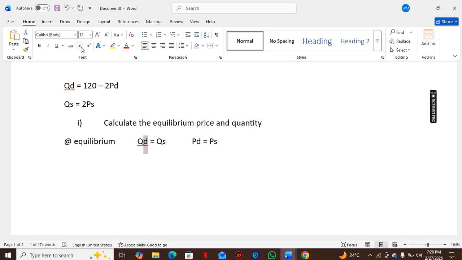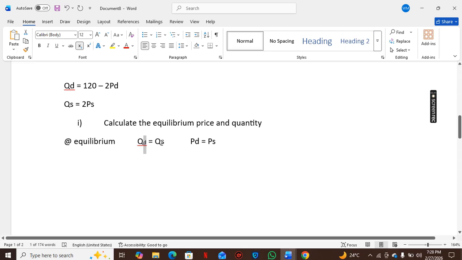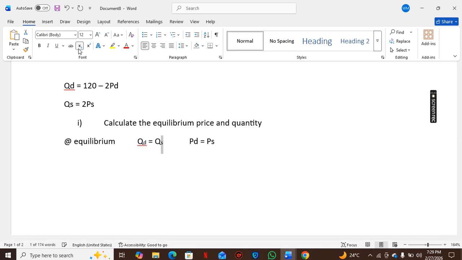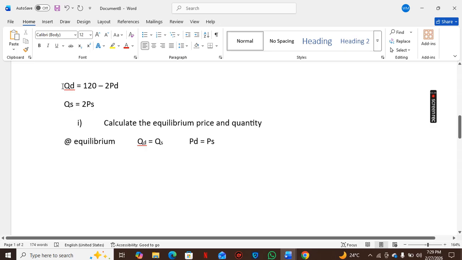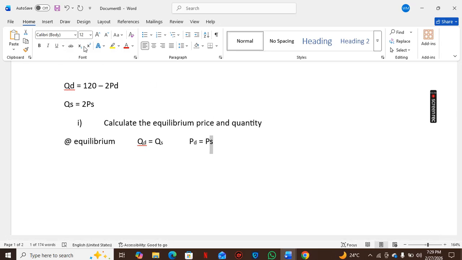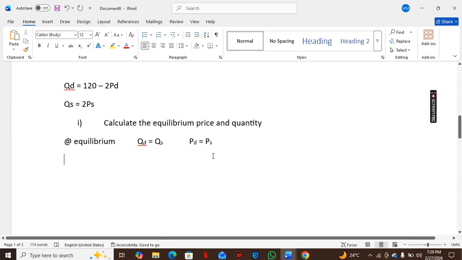So we need to equate both the demand and supply functions. Since quantity is our subject of the formula here, we're going to use this one here. If price was the subject of the formula, we would have used PD equals PS.